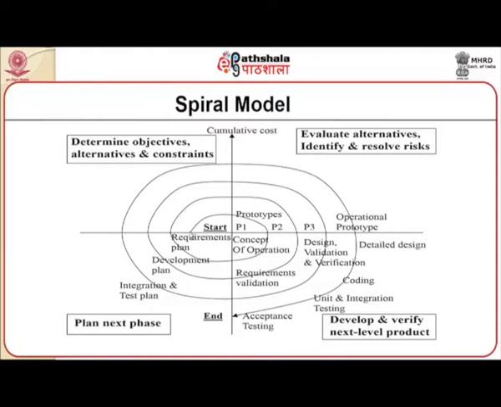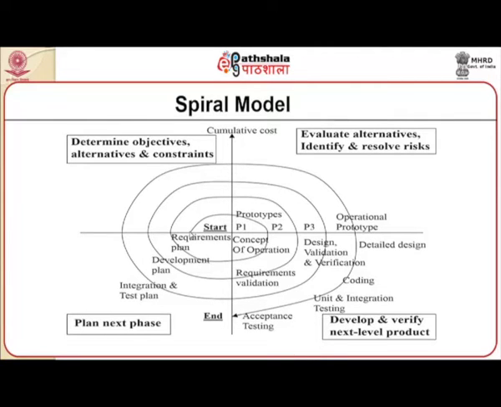The second phase is majorly about evaluating the alternatives, identifying and resolving the risks. Whatever risks were pointed out during the alternative phase, where all the risk majorly arises, those will be sorted and the prototype built at phase 2.